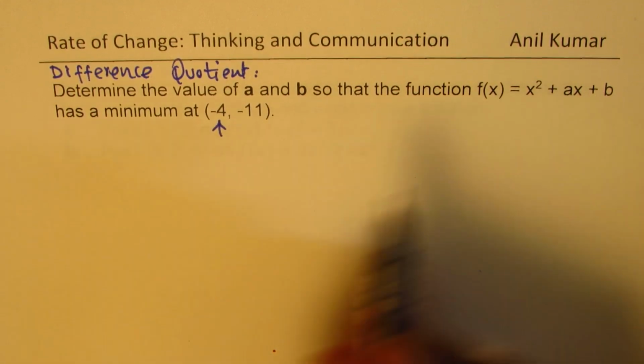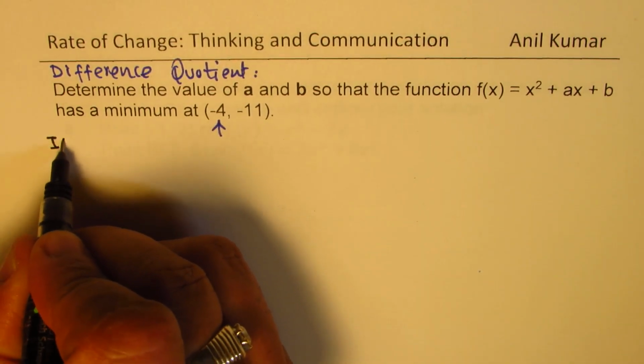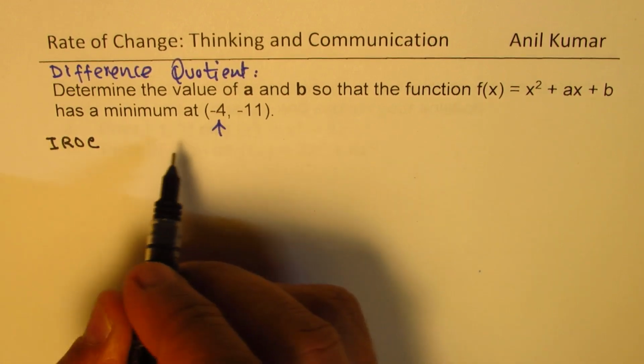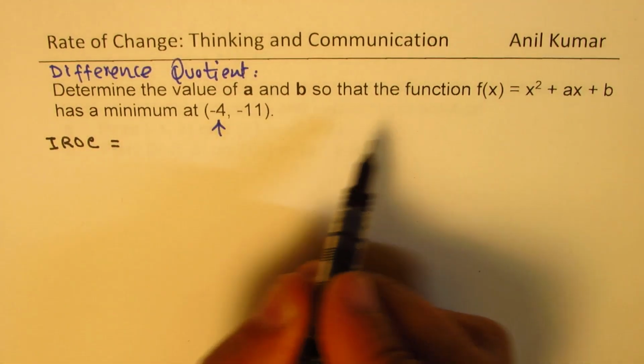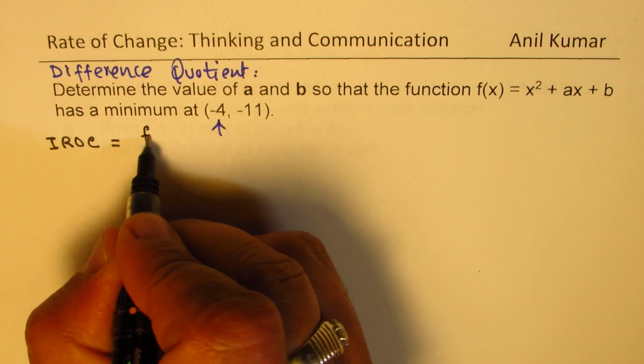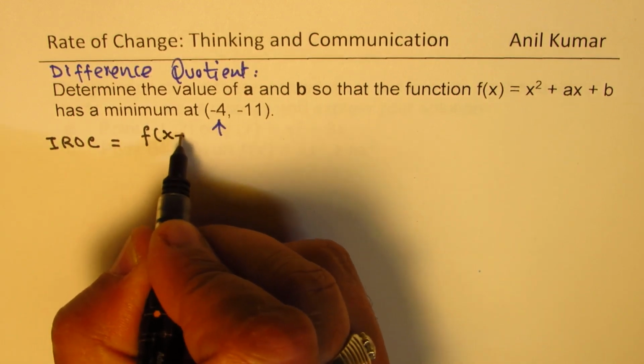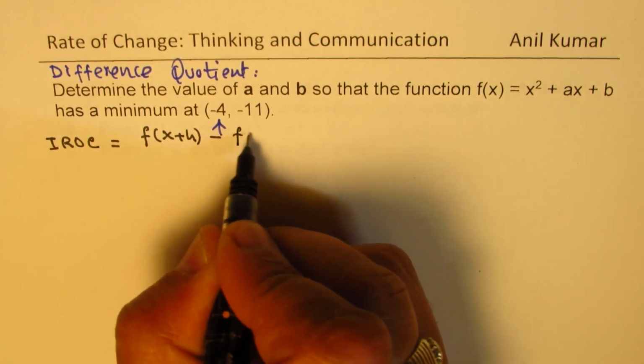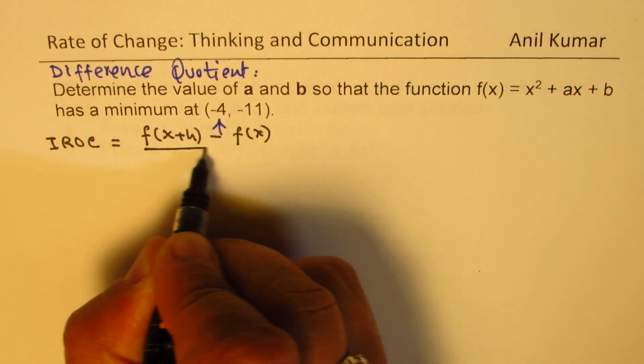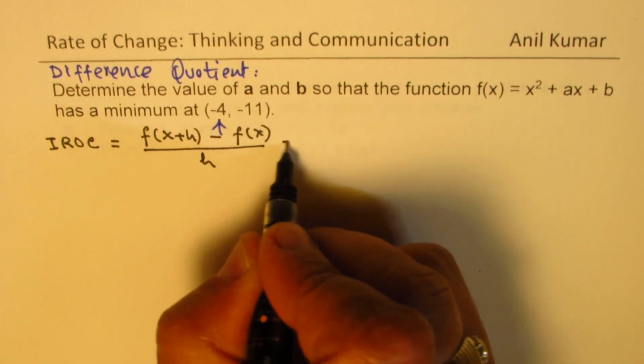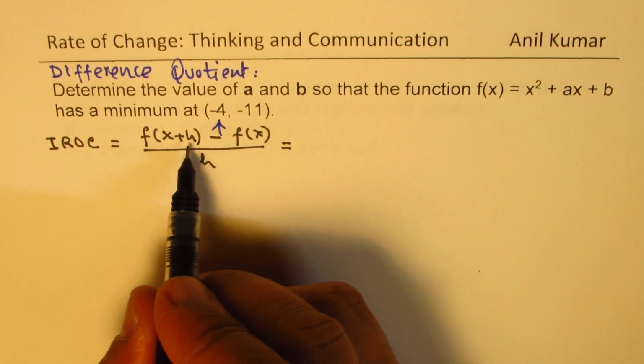Okay. So we'll find the instantaneous rate of change at any general point. Basically f of x plus h minus f of x over h, where h is a very small number.